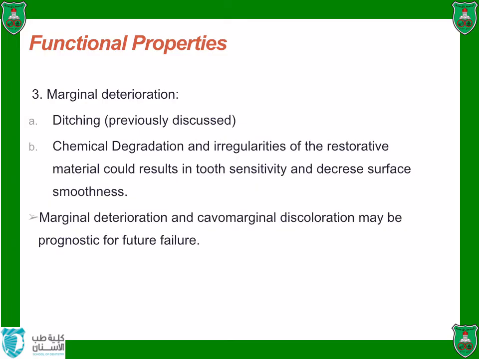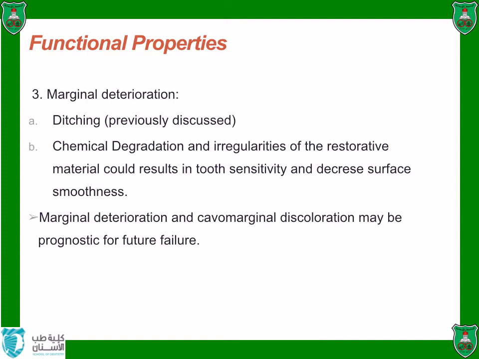All of those we consider chemical degradation, which will lead to irregularity of the restorative material, which results in tooth sensitivity and decreased surface smoothness. So the surface starts smooth, then it will become rough over time as a result of chemical interaction of the restoration with the oral environment.